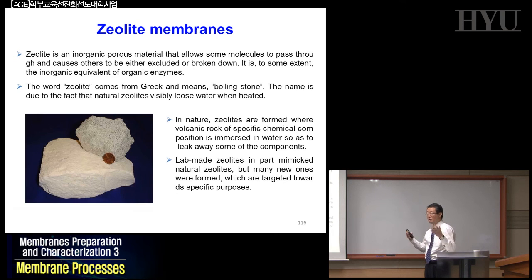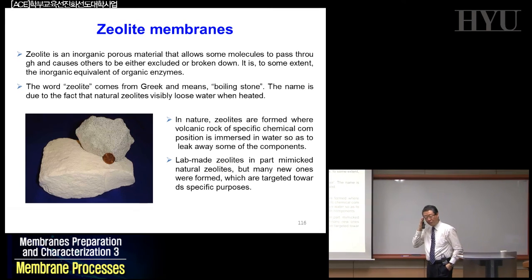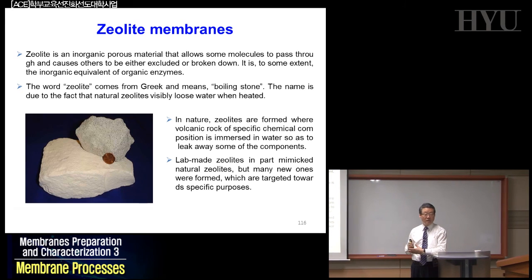This is a natural stone, but mimicking these natural boiling stones, they started to make different types of zeolites. So there are a lot of inorganic chemists working in this area, and I also receive at least 20 to 30 manuscripts about zeolite membranes every year, with different compositions.